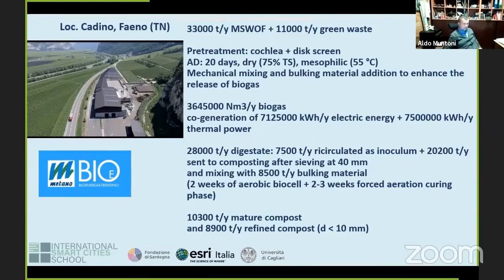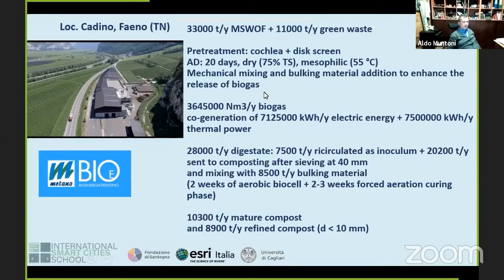But instead of doing it in a landfill, which is a kind of reactor which is not easy to optimize and control, we are starting to do it in plants like this, which is close to the city of Trento. This is the Brennero connection, and this is a very nice plant.